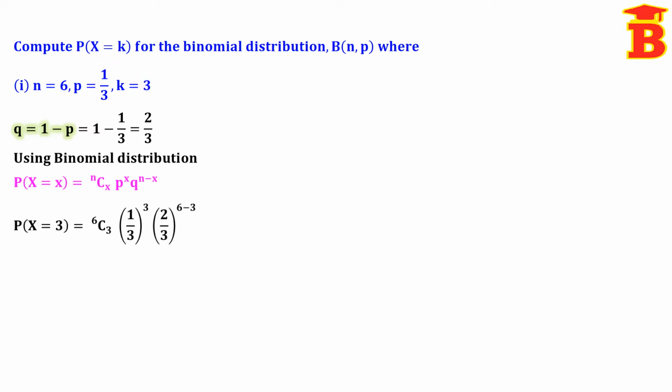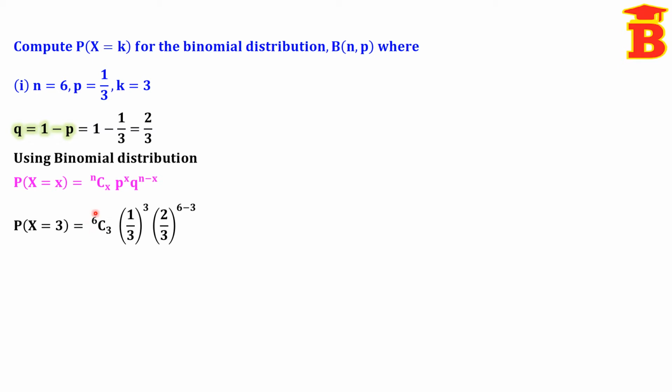Substitute the values: n value 6, x value 3. So 6C3, p value 1 by 3 whole power x value 3, q is 2 by 3 whole power n minus x, that is 6 minus 3.